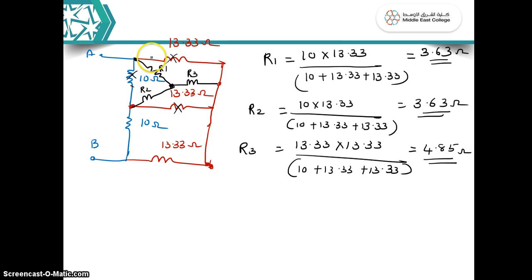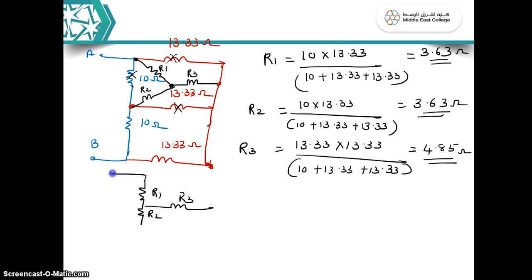So now if you replace this diagram, see now this part is replaced by this network. So between A and B you have R1, R2, and at this point you have R3.